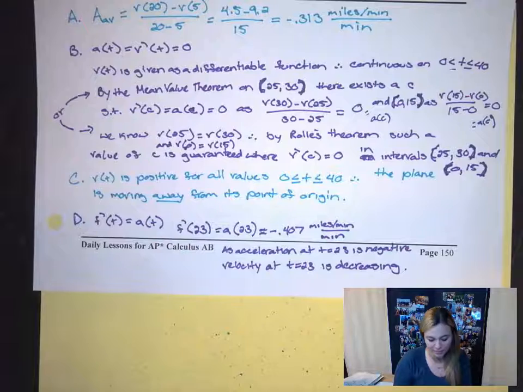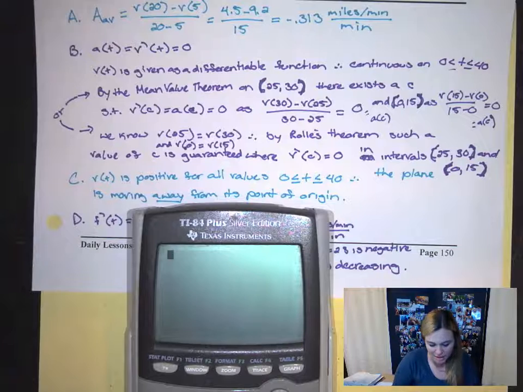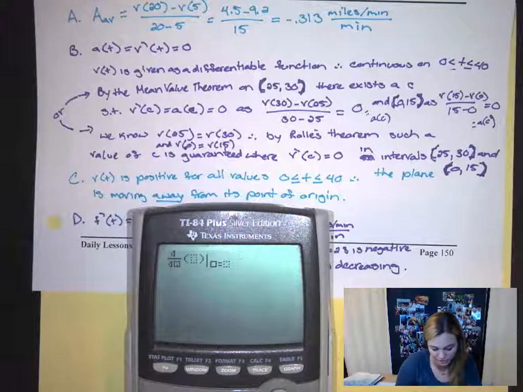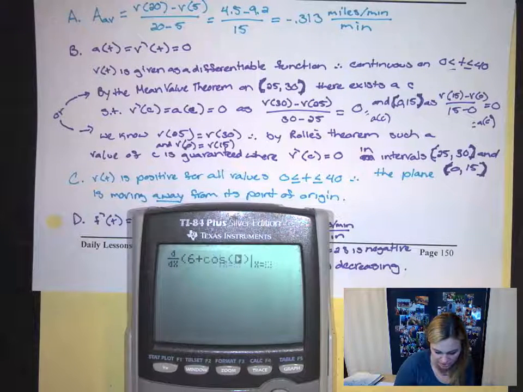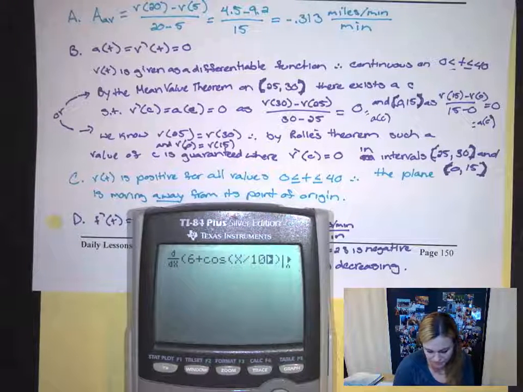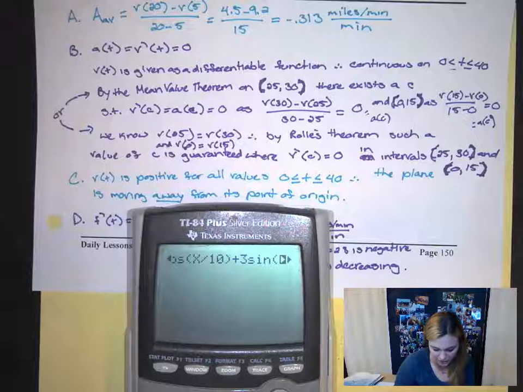So I would say just go to your original function. I'm going to try to get it out of the glare. And you can say this, do math, and then go down to the n-deriv. You could also do this in your graph, but we haven't done it this way for a while, so I'm just putting it in. I changed it to d/dx, 6 plus cosine of x over 10, then I'm closing this, plus 3 sine of 7x over 40.